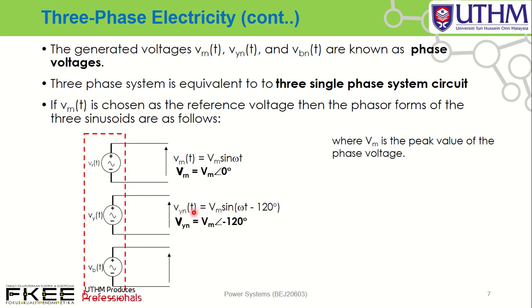The next phase is phase Y, VYN, from the Y terminal to the neutral. The equation is Vm sine omega t minus 120 degrees.